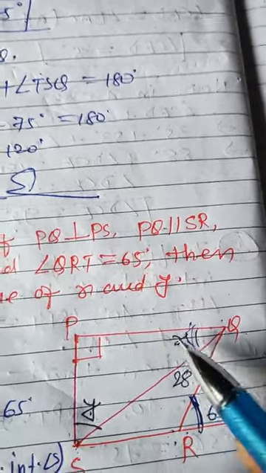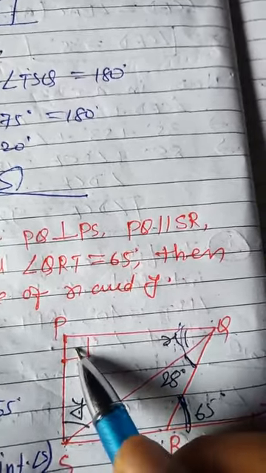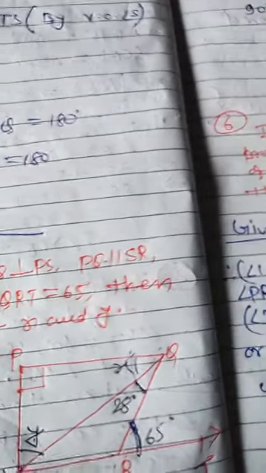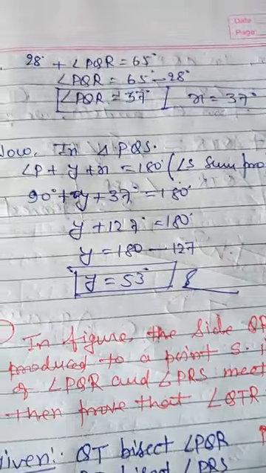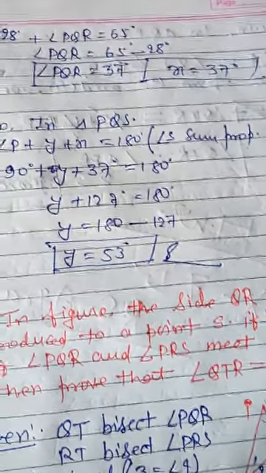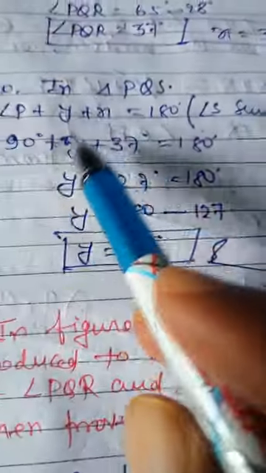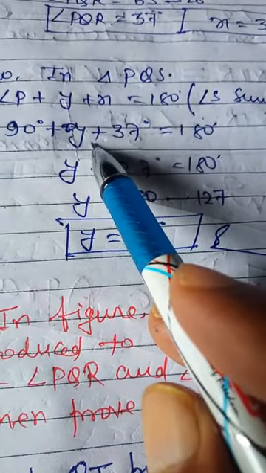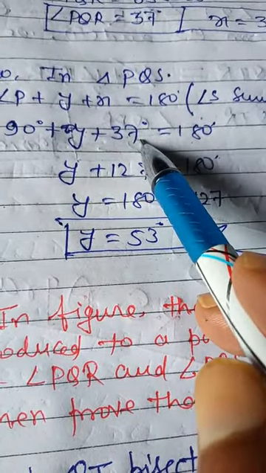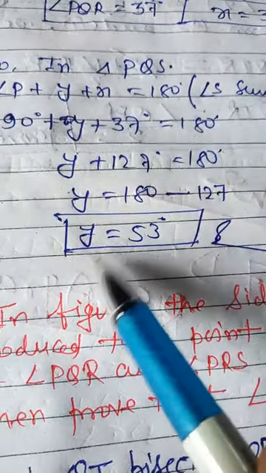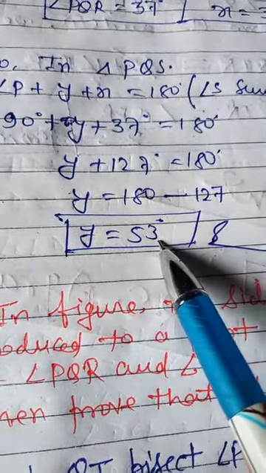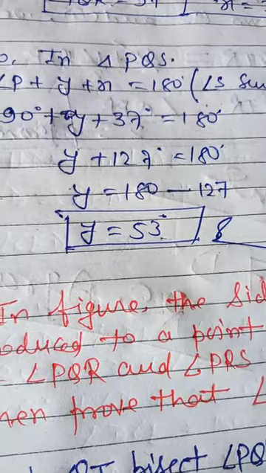So angle x plus angle y plus angle P equal to 180 degrees. Put the value of angle P as 90 and angle x as 37, and solve this. Then we find the value of angle y is equal to 53 degrees.